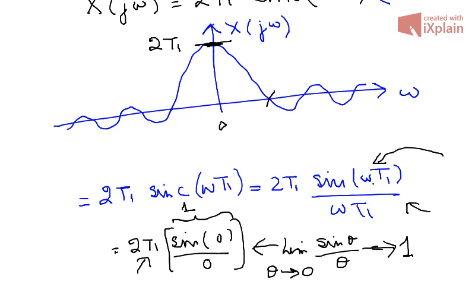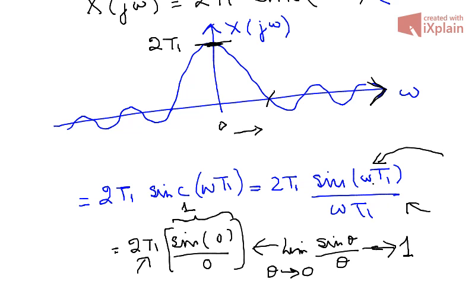Because we are plotting on the omega axis, increasing from 0, sine of theta becomes 0 when theta is equal to pi, right?